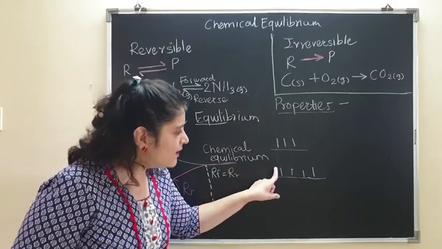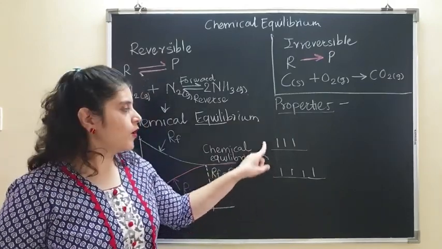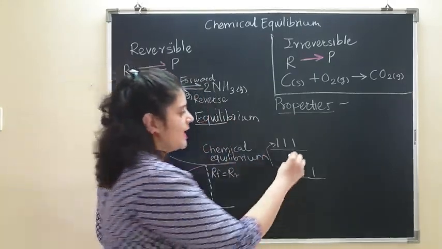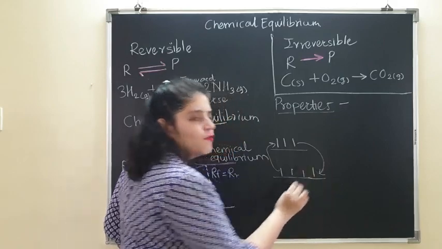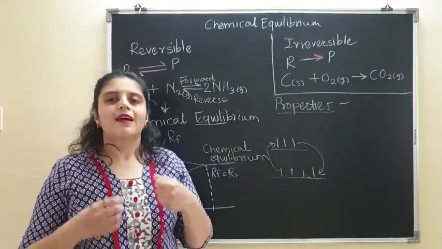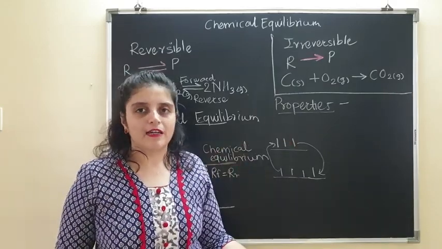Now, if one person from the ground floor goes to the first floor, but at the same time one person from the first floor comes back to the ground floor, then only we can say that the rate of the forward reaction is the same as the rate of the reverse reaction.